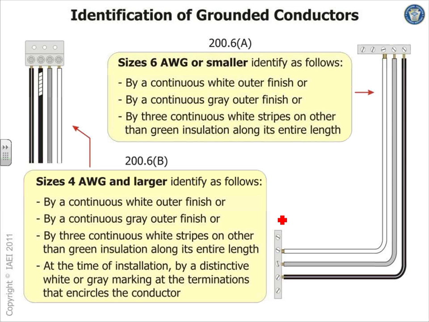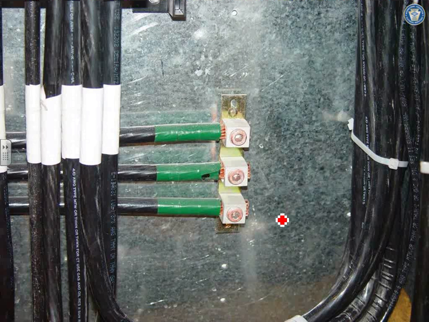Definition by the code. We talked about the sizes, guys, and the color coding. This is a couple of things about the color coding. We all know that the continuous white or continuous gray or three continuous white stripes, these are the way we define the grounded conductor. If it's number 6 or smaller. If you go higher than number 6, you can use black, no problem, as long as you put a white tape around it or a gray tape.